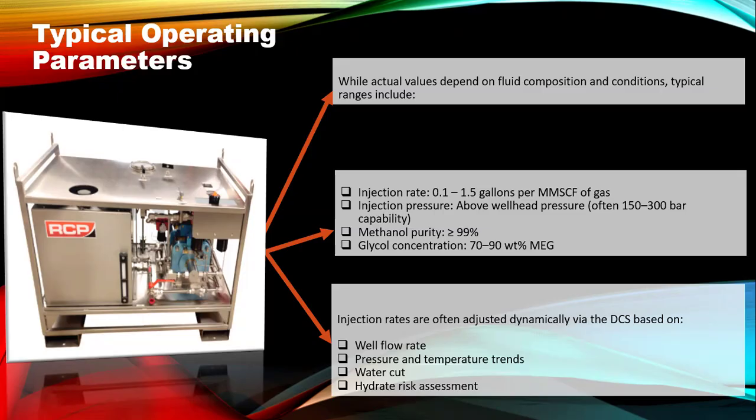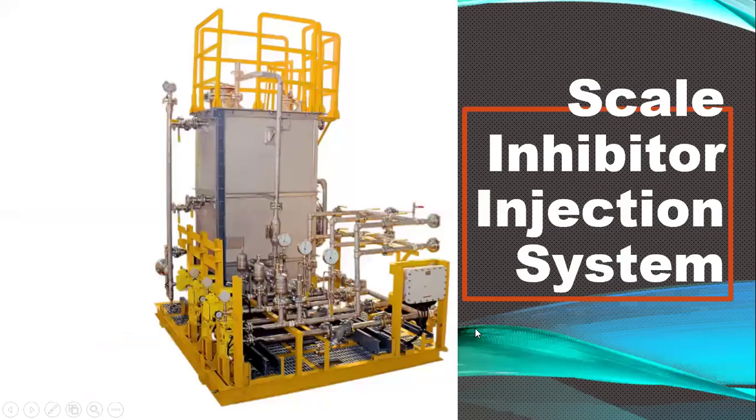So the pressure is around 150 to 300 bar, and your methanol purity should be around 99%. In terms of glycol, the concentration is around 70 to 90 weight percent MEG. Now, injection rates are often adjusted dynamically via the DCS. So from the DCS, you can adjust your injection rates with regards to well flow rates, pressure and temperature trends, and water cuts.